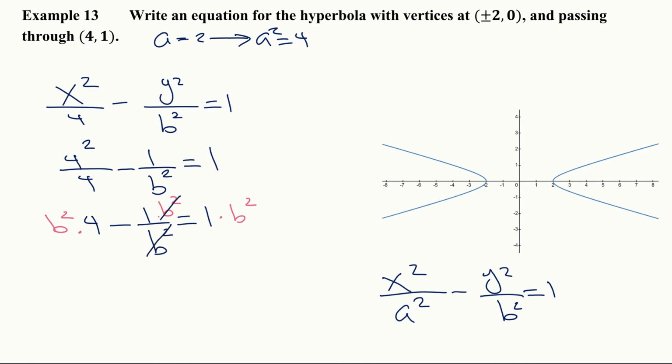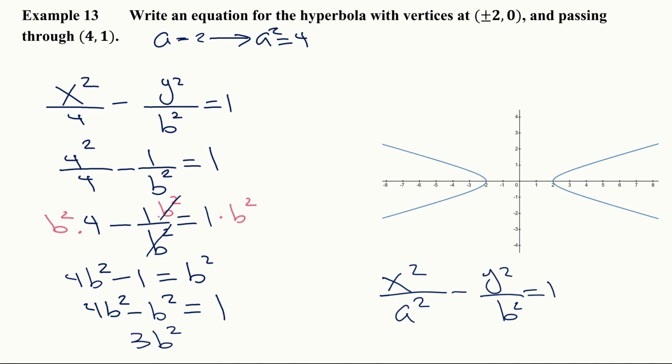So we end up with, these cancel out, so we get 4b squared minus 1 equals b squared. So 4b squared minus 1, well, minus b squared equals 1, right? Let's move the b squared to the left side and the negative 1 to the right side. So we get 3b squared equals 1.